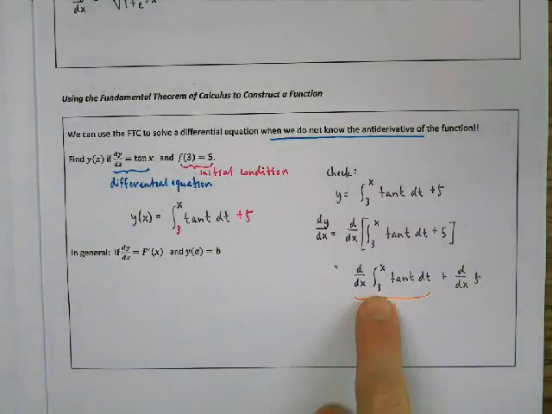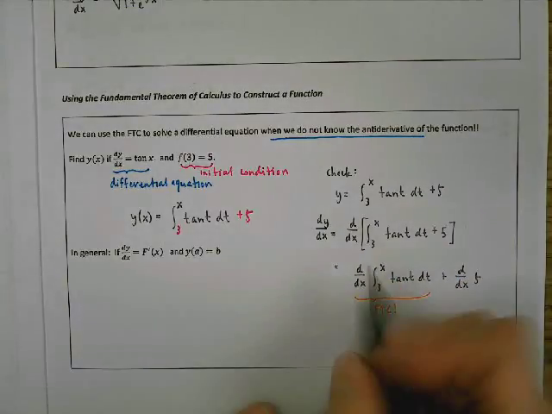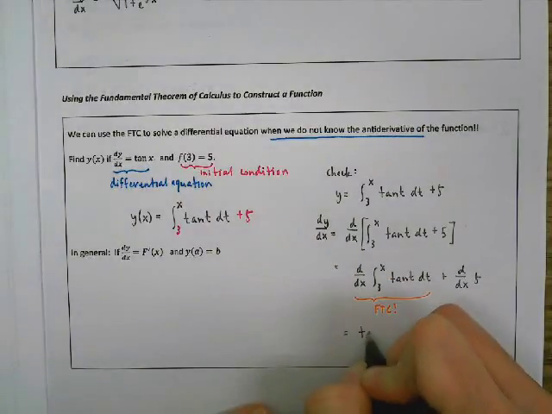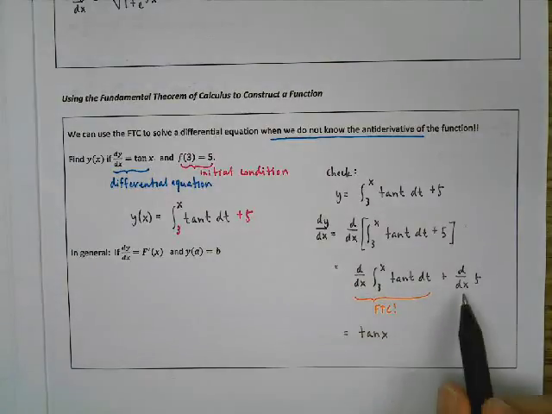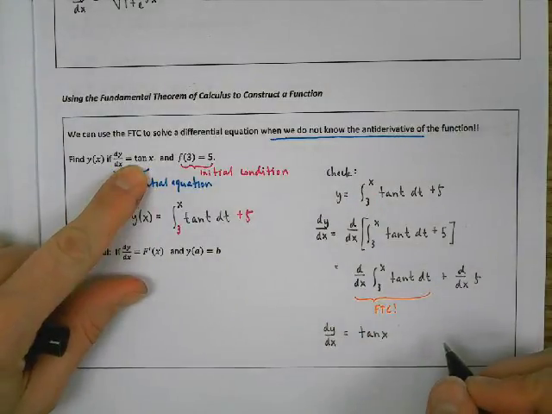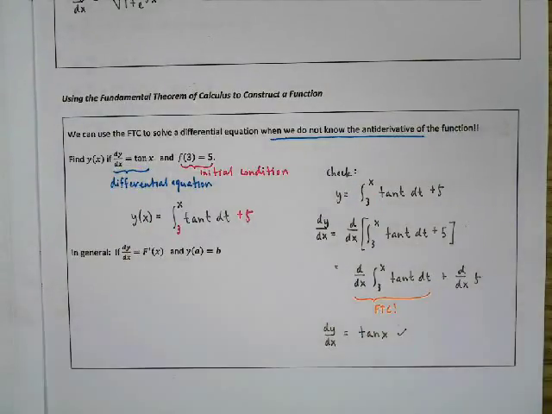Since my lower limit's a constant and my upper limit is just x, to find that derivative, we just substitute x. So now I get tangent of x. I know the derivative of a constant is just 0, so my derivative is tangent x, which is what we needed. So that checks out.